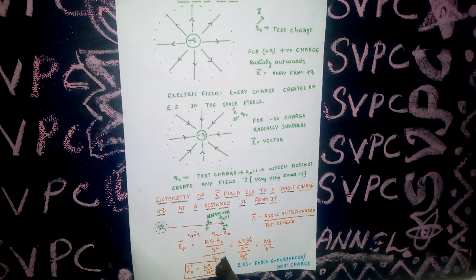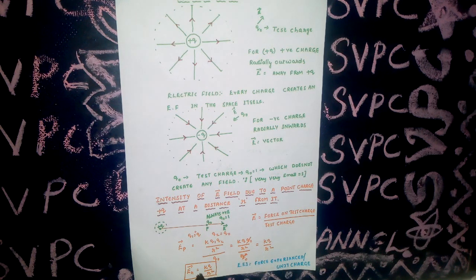Q1 is plus Q, Q2 is Q naught. So it becomes k into Q into Q naught by r square, whole divided by Q naught. One Q naught is in the numerator and one Q naught in the denominator, they cancel each other. What remains is kQ by r square.